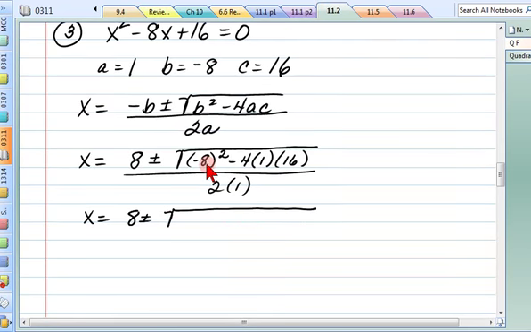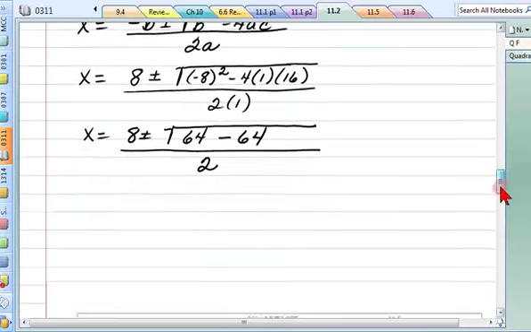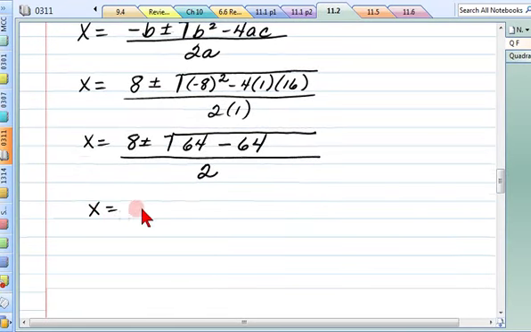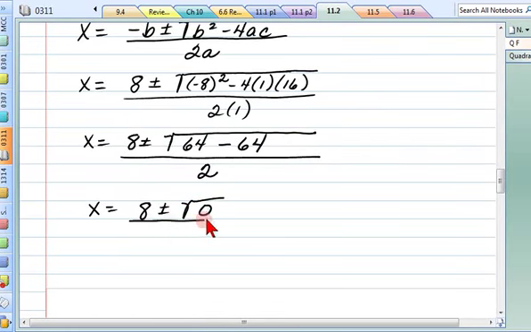So x is equal to 8 plus or minus the square root of negative 8 squared. Well, whether this number is negative or positive, when you square it, you get a positive quantity. So that's 64. Negative 4 times 1 times 16 is negative 64. And that's over 2. So x is equal to 8 plus or minus the square root of 0 over 2.